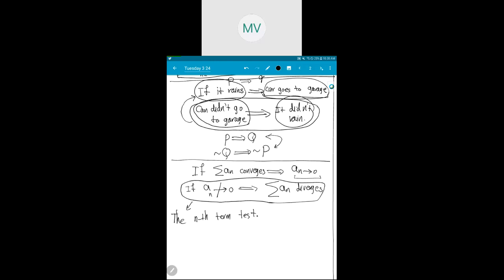So that's called the nth term test, and let me write it down. This test only helps us to judge if a series diverges or not.